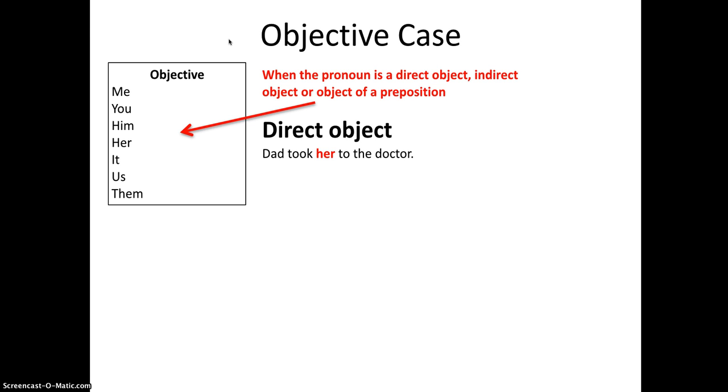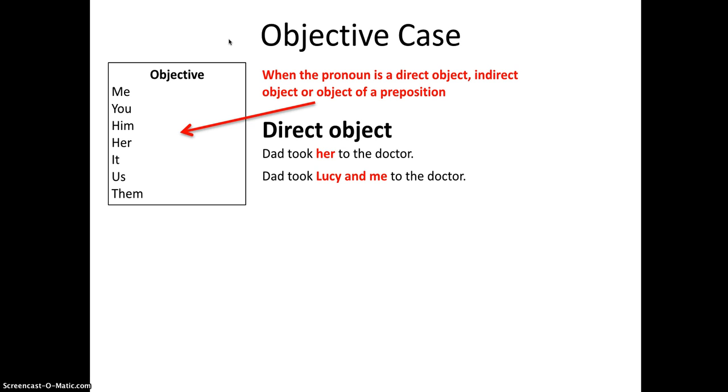Dad is the subject of the sentence, took is the verb, and the word "her" is the direct object because it's receiving the action of the verb took. So it has to be in the objective form. We can't say "Dad took she to the doctor" because "she" is the subjective form.